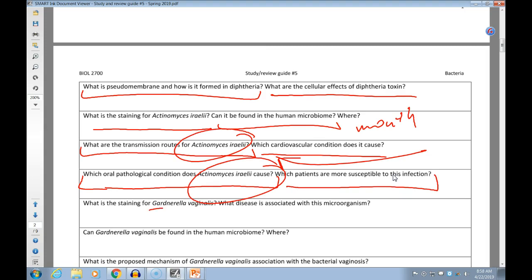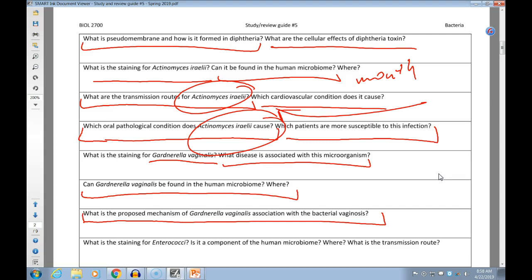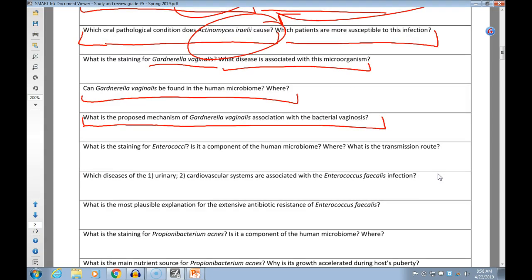Gardnerella vaginalis causes bacterial vaginosis. The disease associated with that microorganism is Gardnerellosis. It is found in the human microbiome, in the vagina. Proposed mechanism: antibiotic treatment eradicates lactobacilli from the mucosal membrane, which allows Gardnerella to grow out, causing vaginosis. Okay?